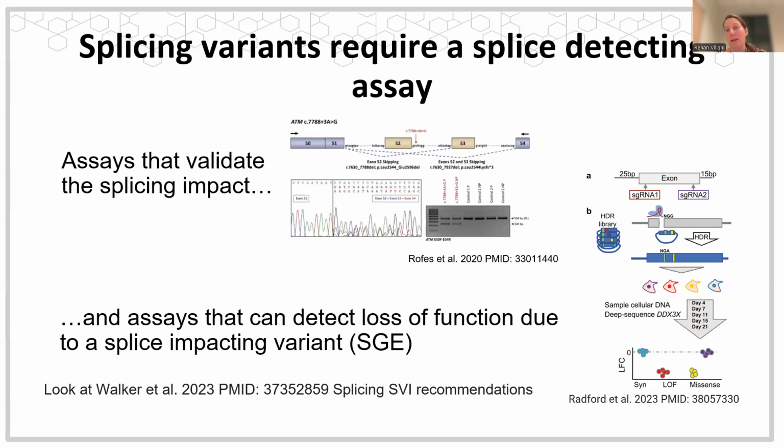This is an assay whose method will be affected by a splice impacting variant, and therefore you will detect a loss of function due to a splicing variant. So you want to consider whether the assay you're looking at is validating the splicing impact.